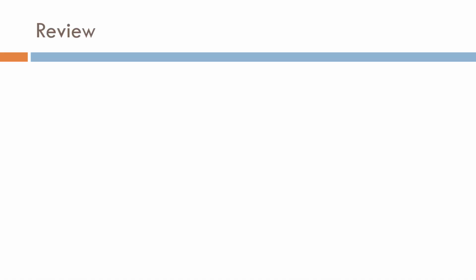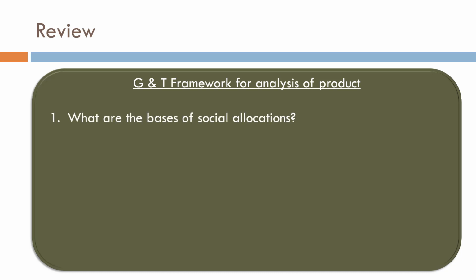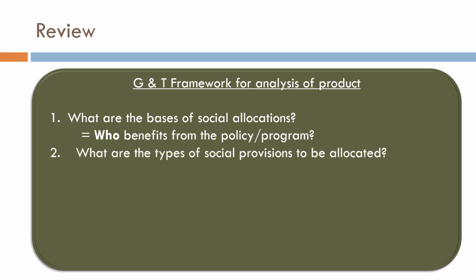Okay, just by way of review, I want to remind us of where we are. When it comes to the framework for analysis of product, which is what we've been focusing on here, we have what are the basis of social allocations as the first question in the framework, and this was about who is benefiting from the policy. Then we had the types of social provisions to be allocated, which had to do with what benefits the recipients would be receiving.